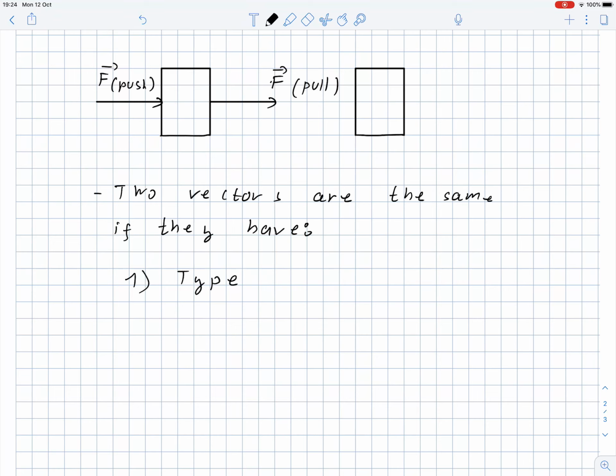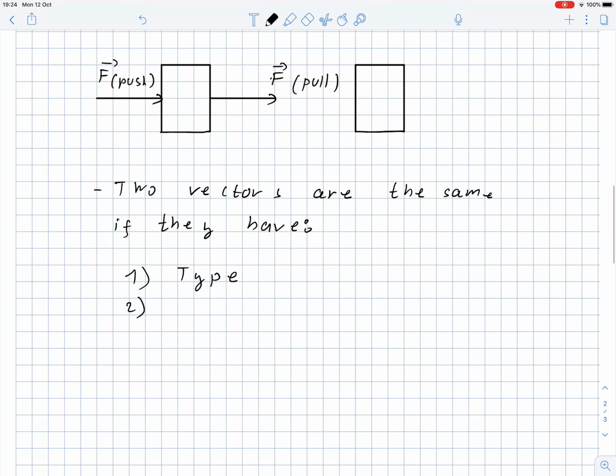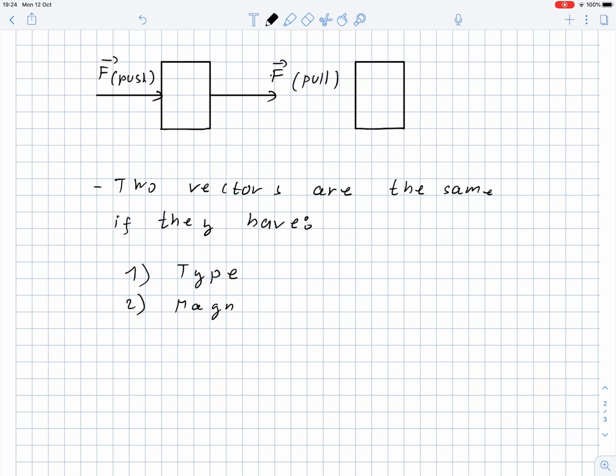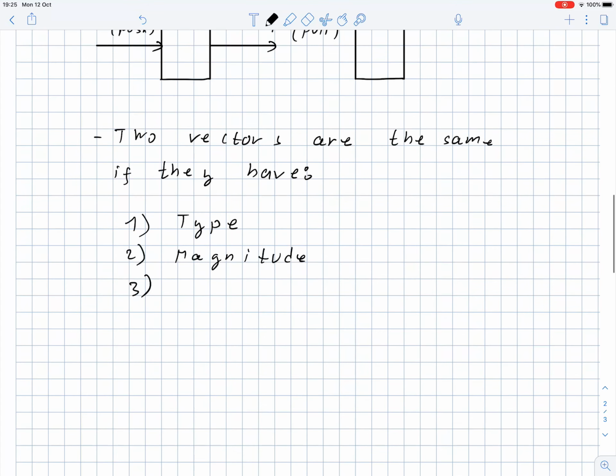For example, they are both forces, or both velocities, or both accelerations. The second is magnitude: they have the same magnitude. And they have the same direction.